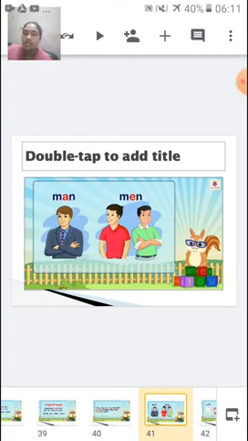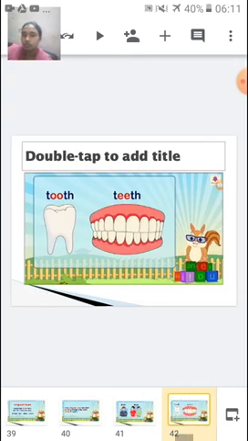It is just the conversion of A into E, which becomes man in the singular form and men in the plural form. Next, tooth becomes teeth. So here the vowels OO become EE.